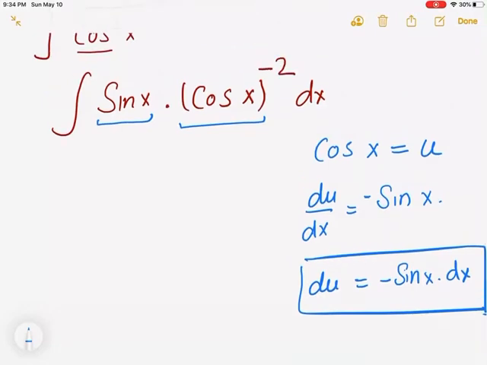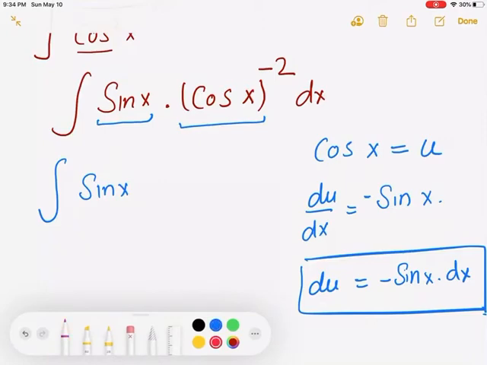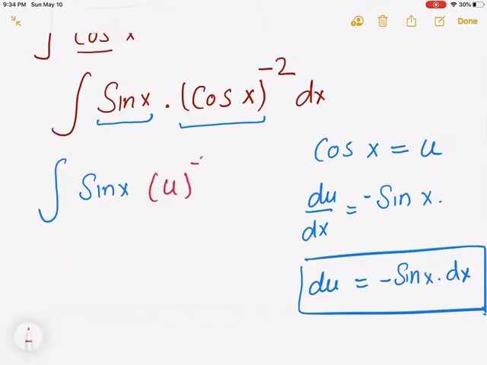Now I'm going to simplify more. Back to the original equation, sine x would stay the same. Cosine x, which is equal to u, I would replace with u to the -2, and I have dx. So I still have sine x and dx to replace. What I see in this equation is sine x and dx is already there.